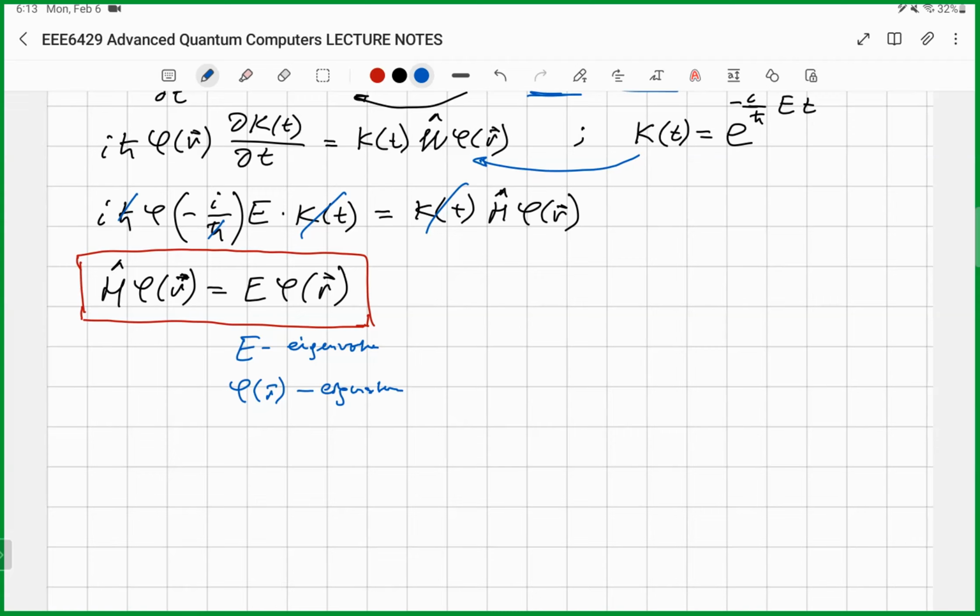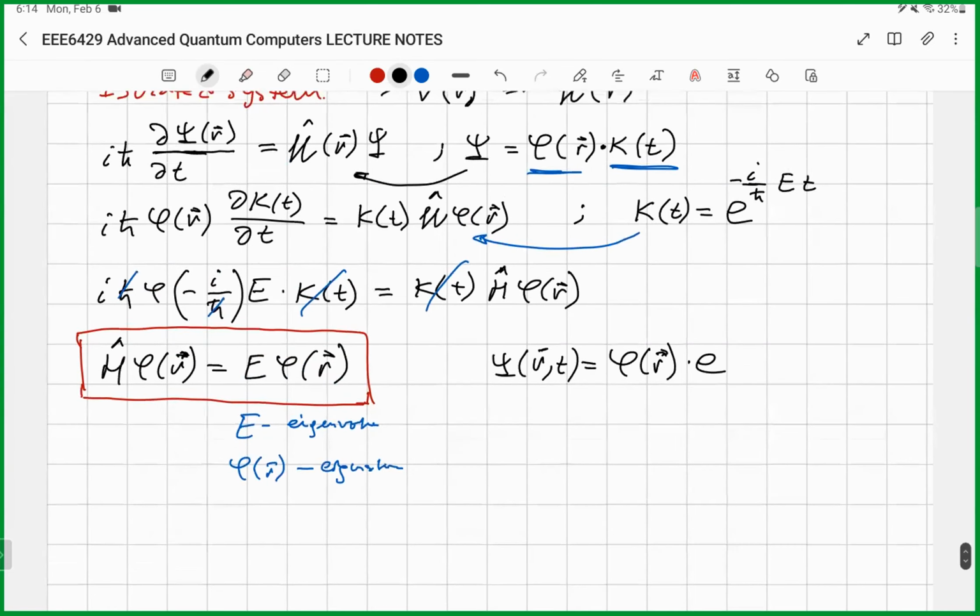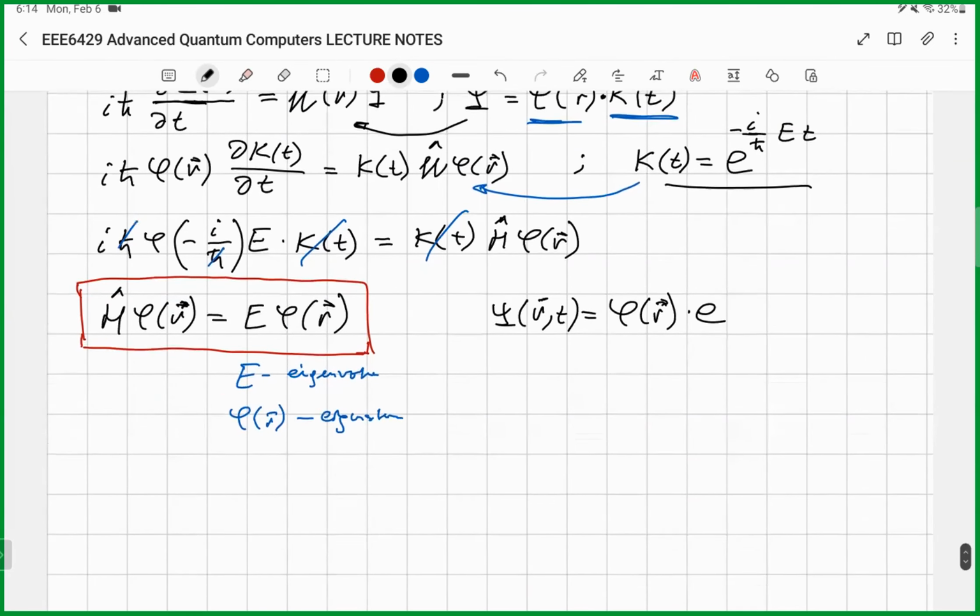All right, so for a particular system, I can write down this Hamiltonian, then solve this equation for eigenstates and eigenvalues, and then the total solution, this psi, which of course depends on r and t, will be the product of this phi of r times the function kappa, which is this harmonic function of E and t.